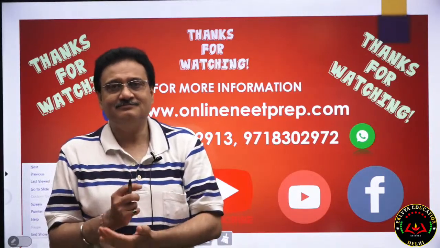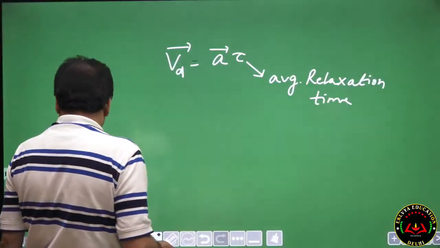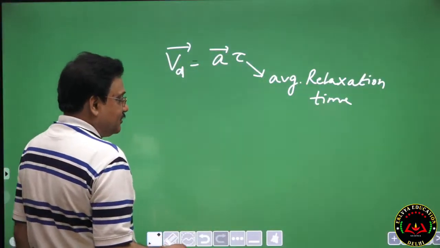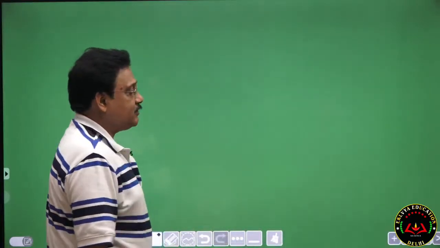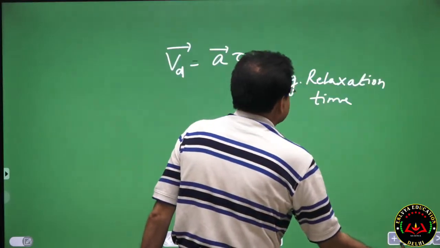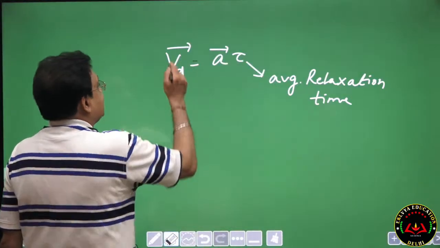Now coming to the main part. So we'll start with the dimensional properties. Now when we talk about dimensional properties, what does this exactly mean? Now I'll tell you that.